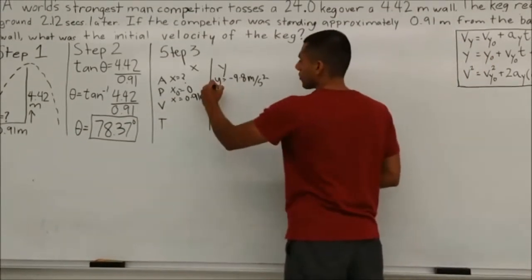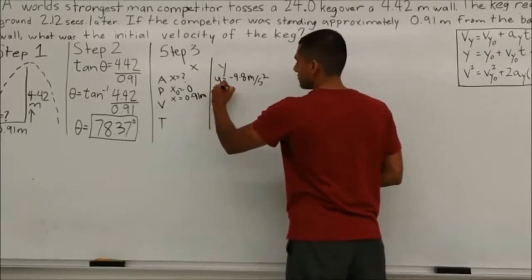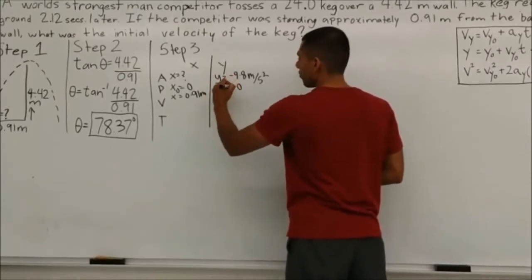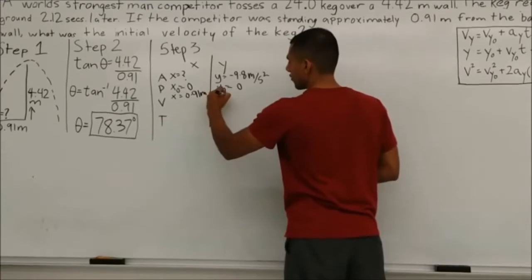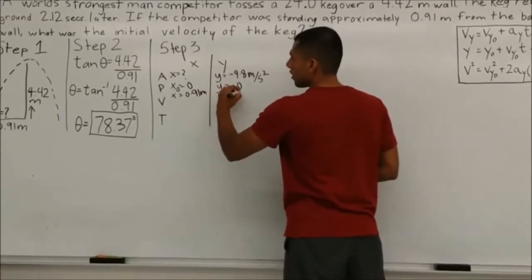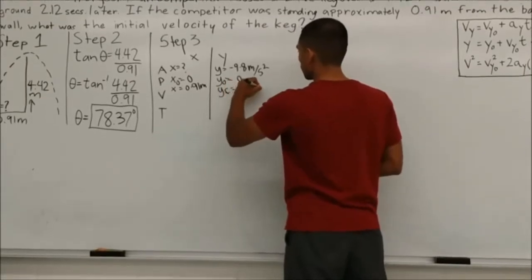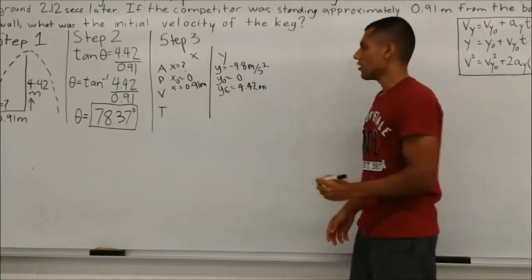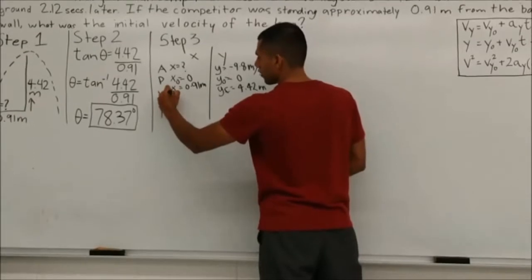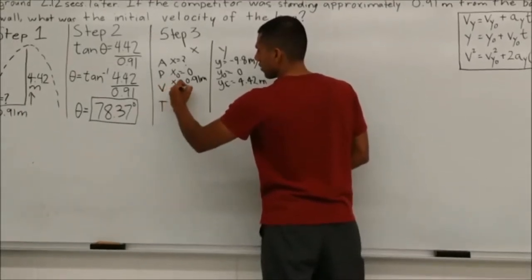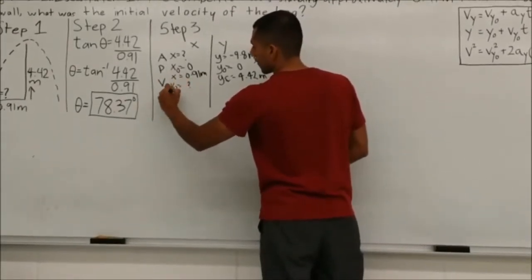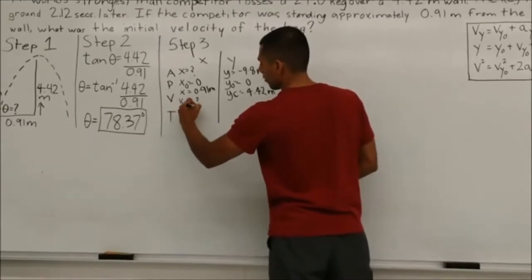The initial position in the Y direction is 0, and the final position in the Y direction is 4.42 meters, which is the height of the wall. The initial velocity in the X direction is unknown, and the final velocity in the X direction is also unknown.